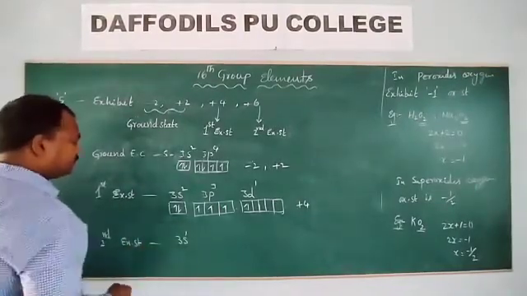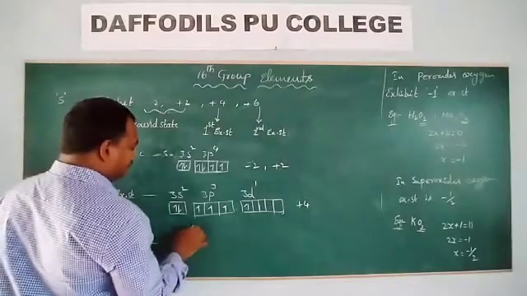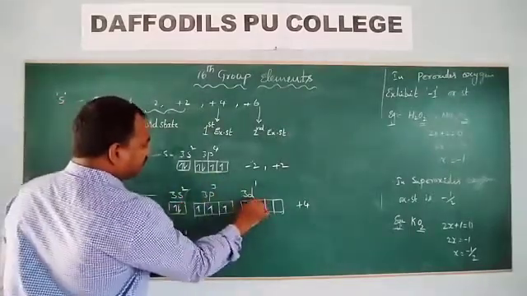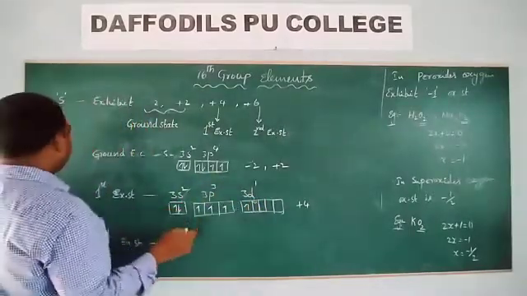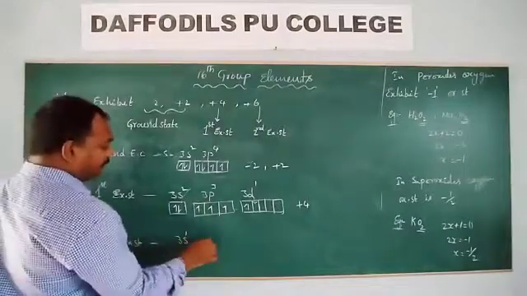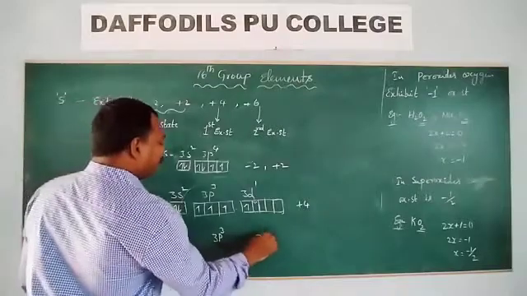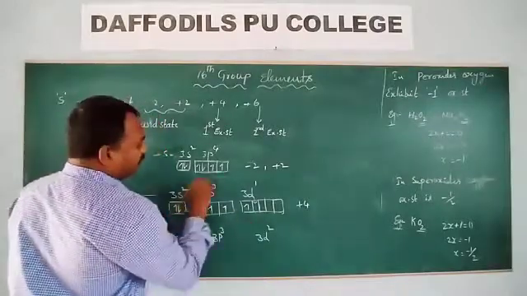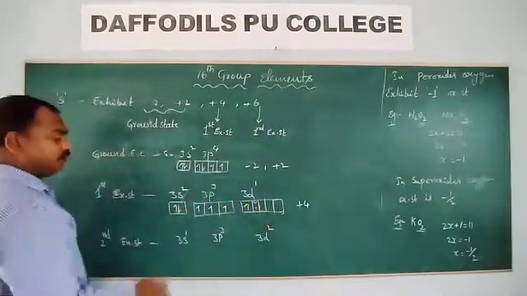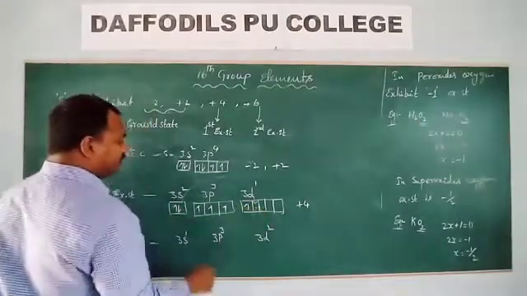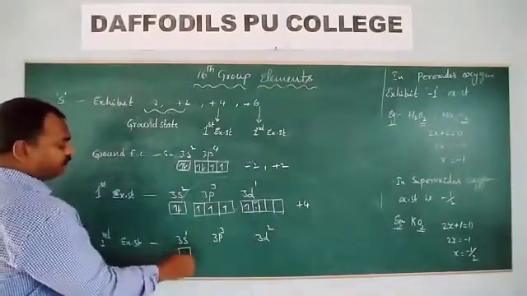Now look at the second excited state. In the second excited state, the electronic configuration is 3s1. This one also jumps here, so this one remains 1 electron. 3p3, 3d2. When this electron enters here, you will get 3d2 electronic configuration.